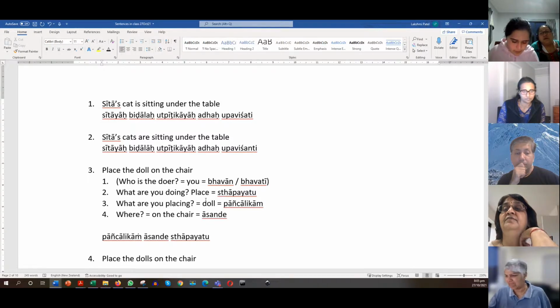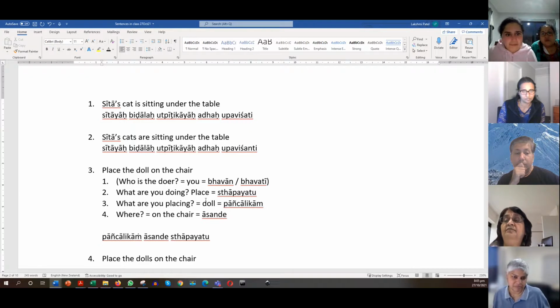Or one here, because the where doesn't need to sit. So Panchalikam asande sthapayatu. It doesn't fit the 1432 business. That comes in when we have the dati. Is this clear?